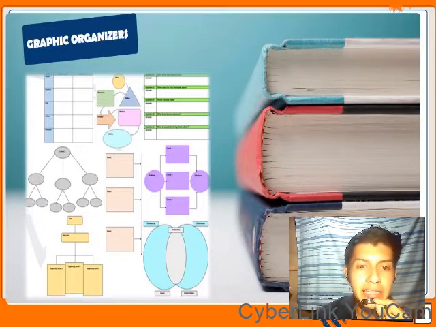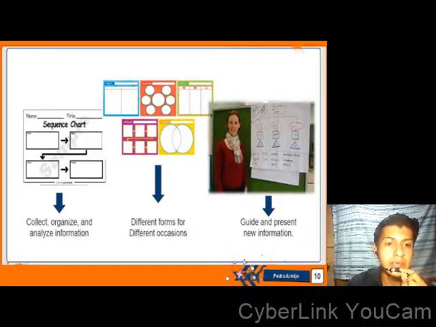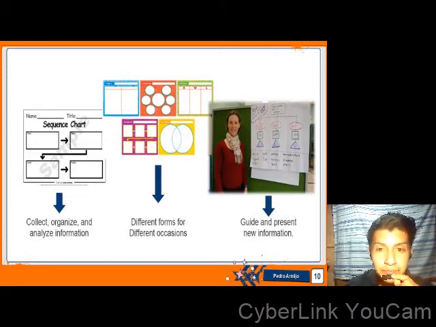In this case, graphic organizers were chosen because they permit the students to identify, select, collect, organize, and analyze information in order to have a clear knowledge about a piece of writing.